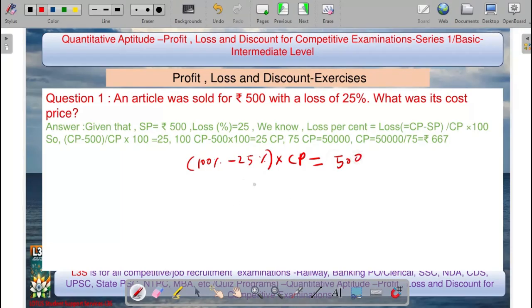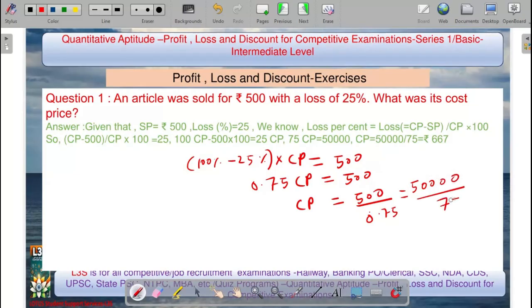That is 0.75 CP equal to 500, or CP we can find out 500 by 0.75. That means 500,000 by 75, and that will be 667.